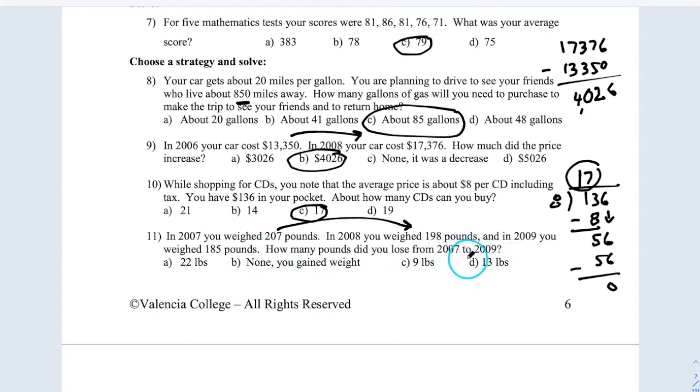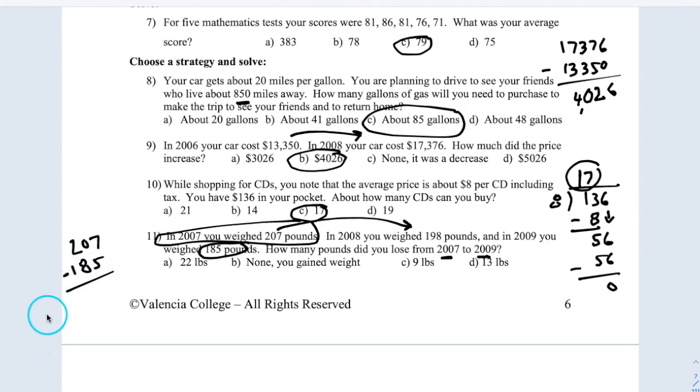So here's a trick. What's the trick? The people will just get the first two values. No, they're saying from 2007 to 2009. 2007 was 207 pounds. 2009 was 185. Be careful. So 207 minus 185.